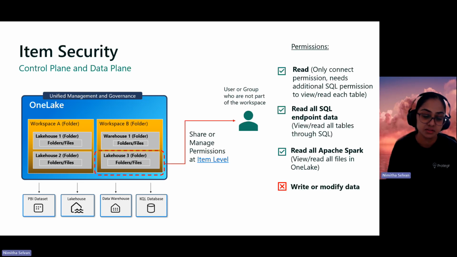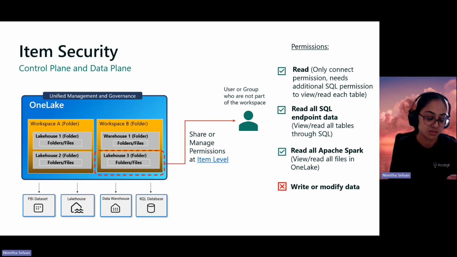And then, further drilling down, we have item security. Within a workspace, Fabric items can also have permissions configured separately from the workspace roles. Item permissions are used to control access to individual Fabric items within a workspace.